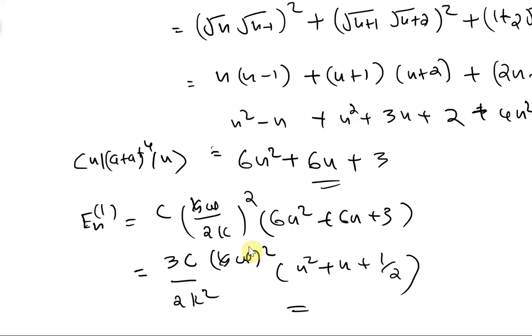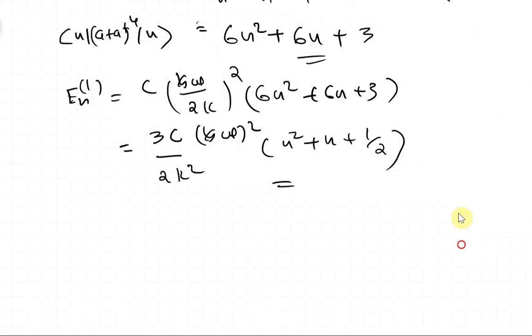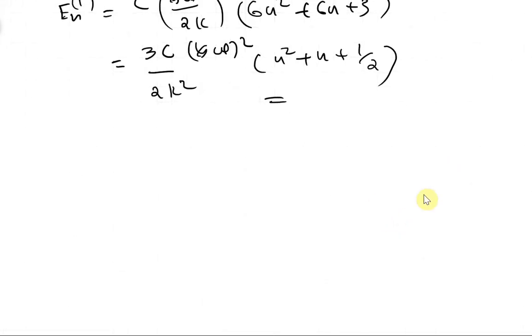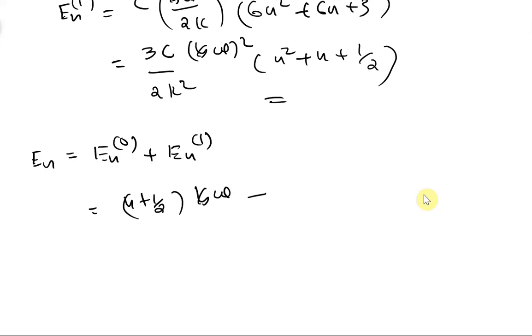So this is the first order correction in our energy. Okay, so what about the energy equation with first order energy correction? So that is nothing but En0 plus En1, right? En0 is nothing but our harmonic oscillator equation, that is n plus half ħω plus.